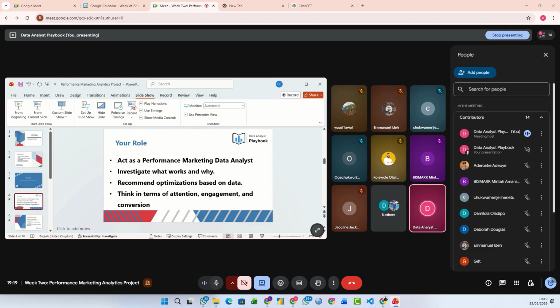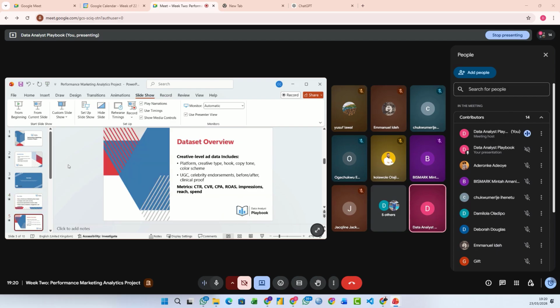So now your role will be the performance marketing data analyst, and you investigate why and what works for your ads for your team, and you also recommend the best optimization method based off your data, and think in terms of attention, engagement, and how they convert to sales.